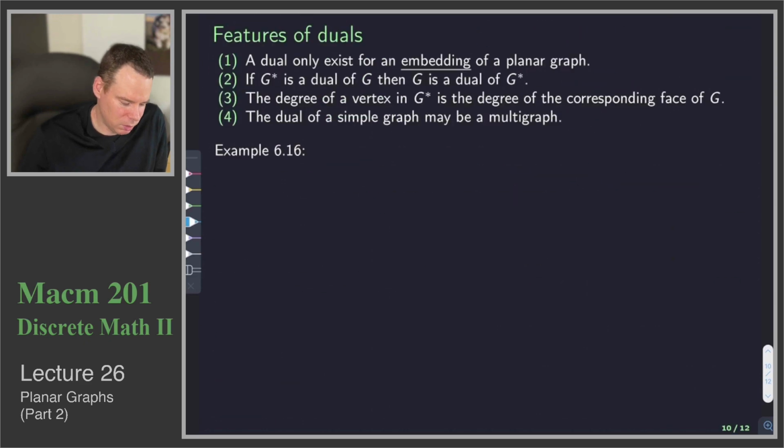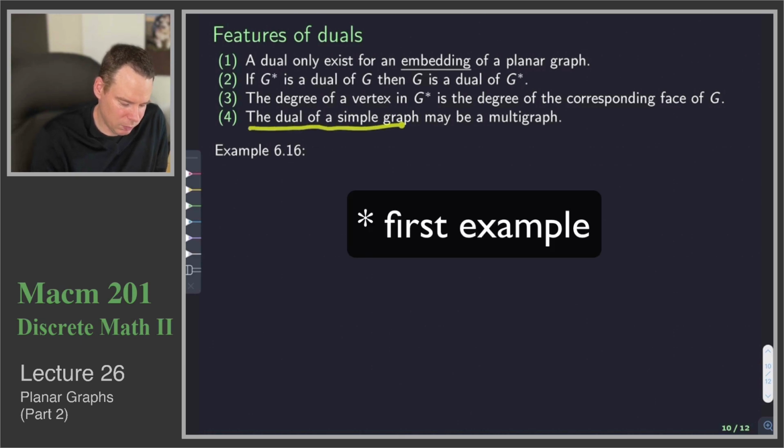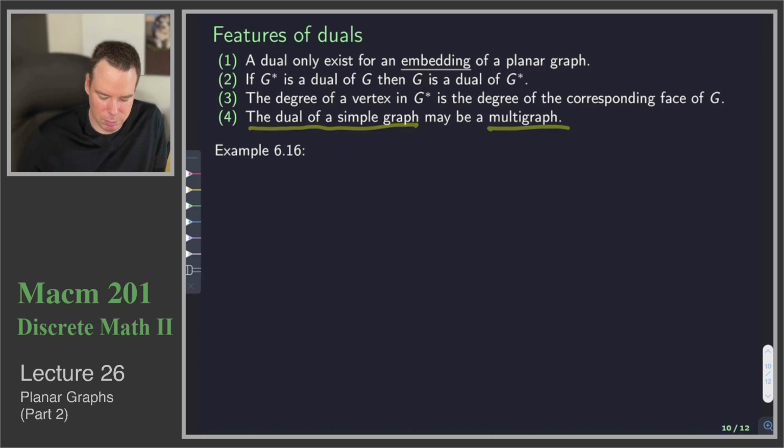So a dual of a dual is just back to the original. This was the one I was just talking about. The degree of a vertex in G star is precisely the degree of the corresponding face of G. And our second example shows that a dual of a simple graph may end up being a multigraph.